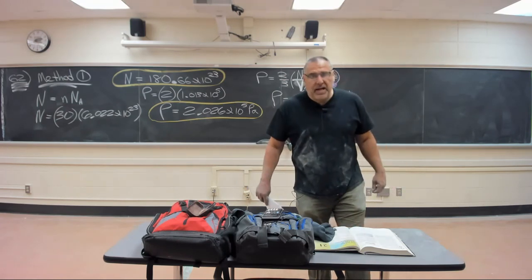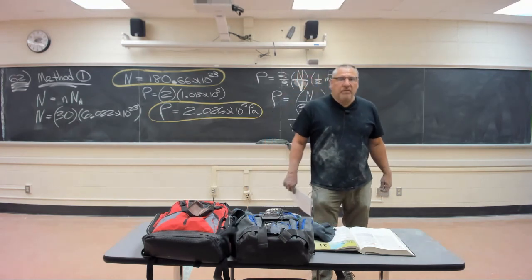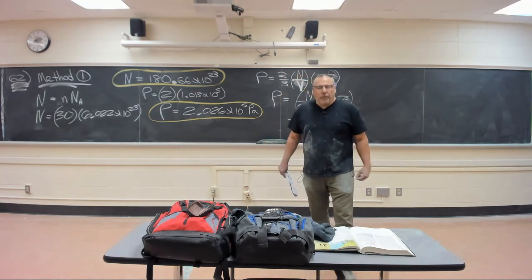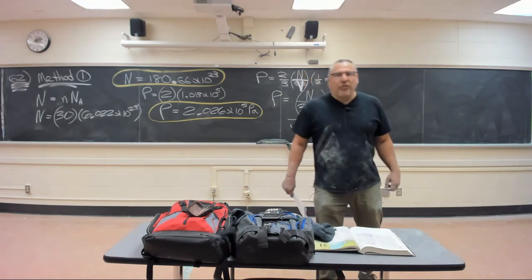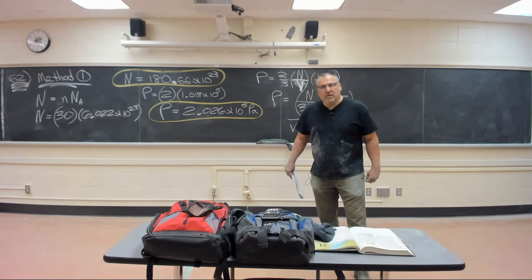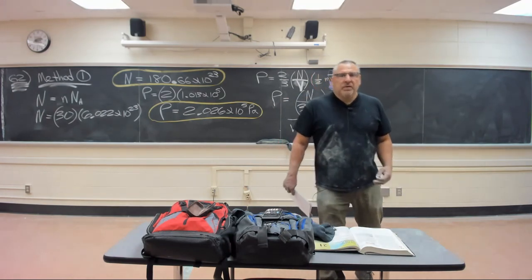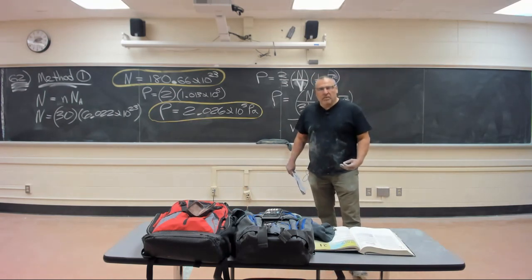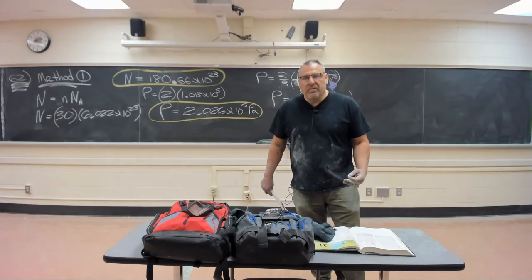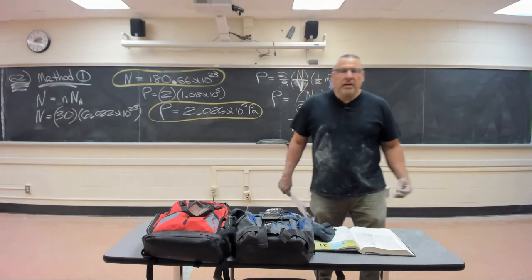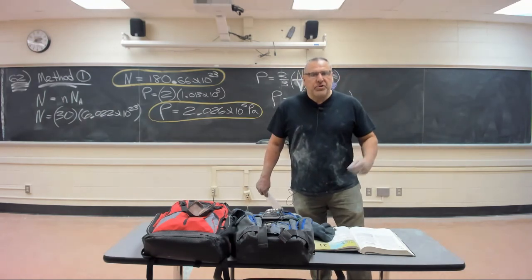Oxygen's got 16, and there are 2 of those oxygens. 16 and 16 and 12 is 44 atomic mass units, that's 44 grams per mole. There's 30 moles. 30 moles times 44 grams per mole is 1,320 grams, which is 1.32 kilograms.